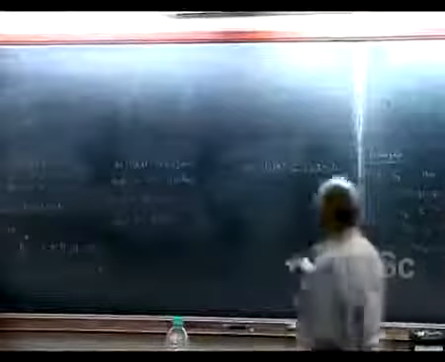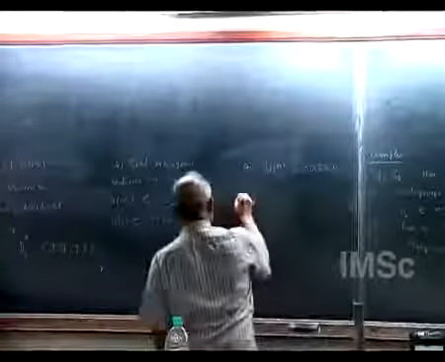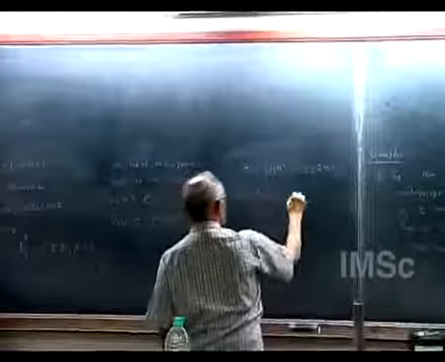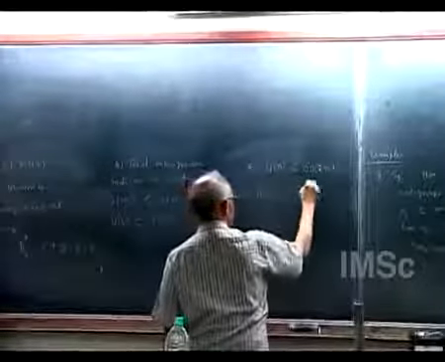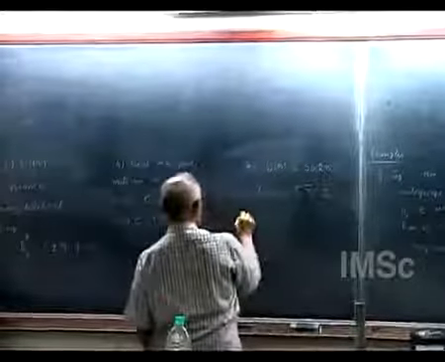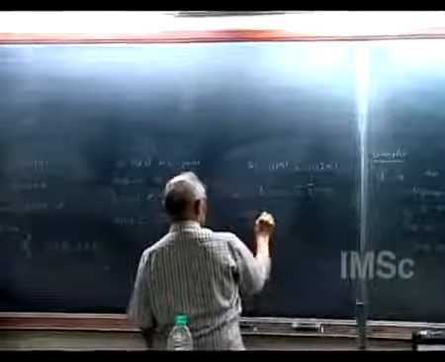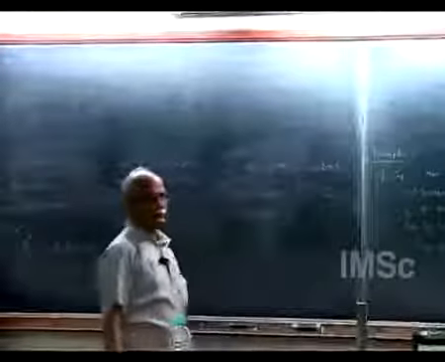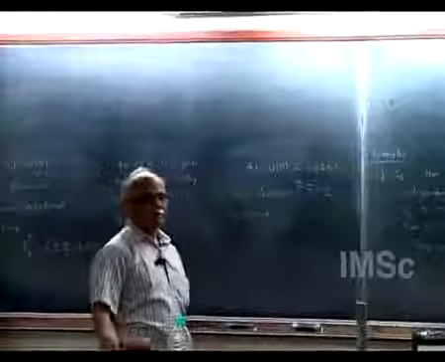So what is this? Well, UN leaves the following quadratic form invariant: the sum of Zi prime bar Zi, from i equal to 1 to n, because it is a unitary group.